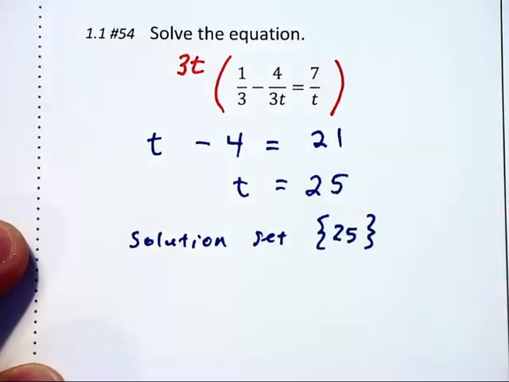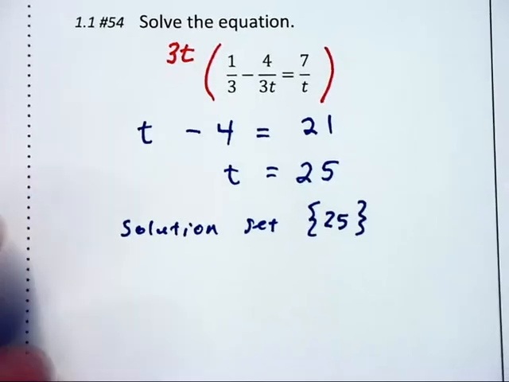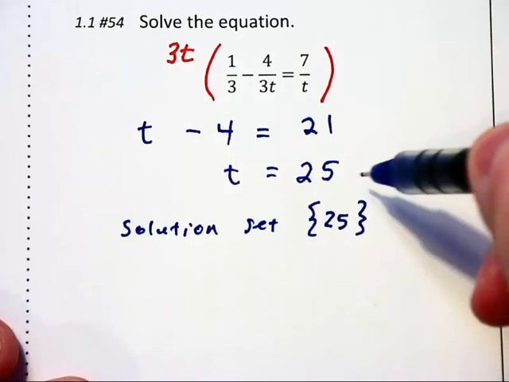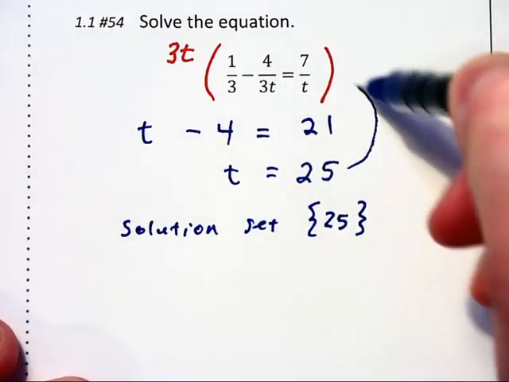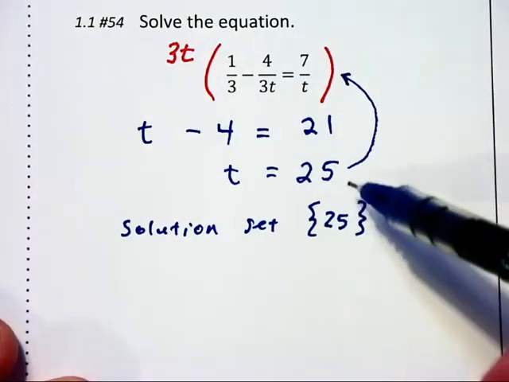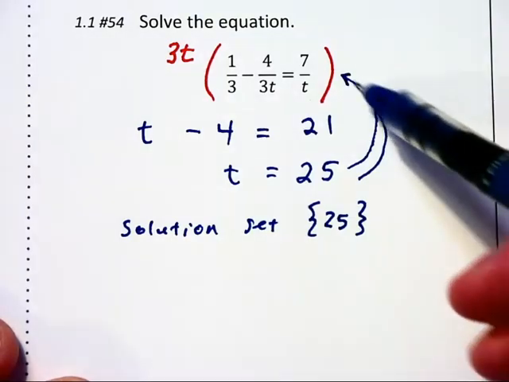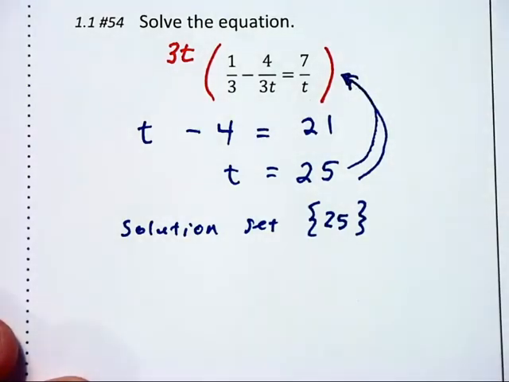Now we've got a little space here, and I should have been mentioning all along that anytime we're solving an equation, we're finding the set of values which satisfy the equation. So we should be able to take this 25, substitute it back into the original problem, and verify that it works. So let's take the time to check this problem.